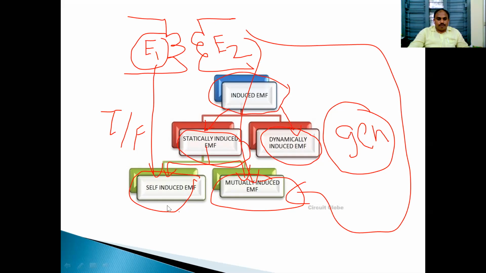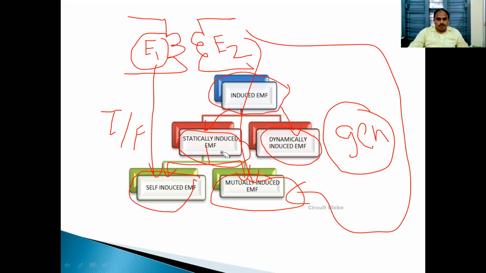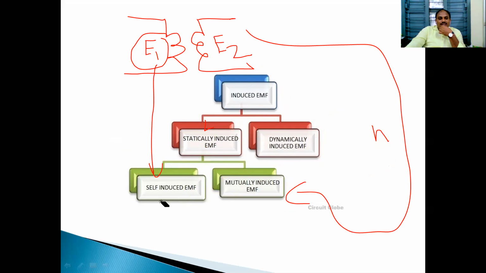Dynamically induced EMF is different. E1 is self-induced EMF, E2 is mutually induced EMF.